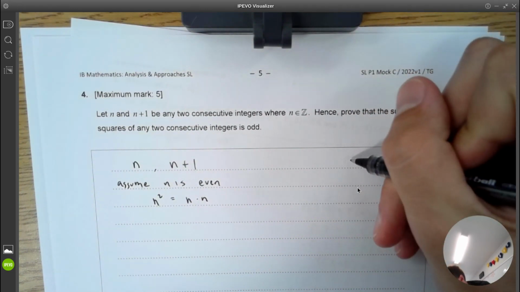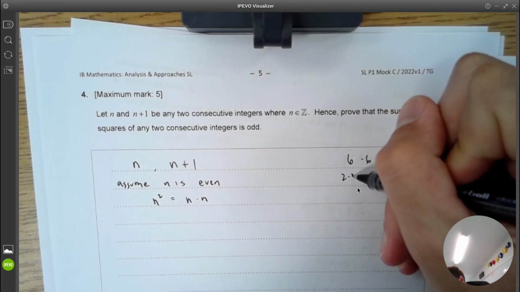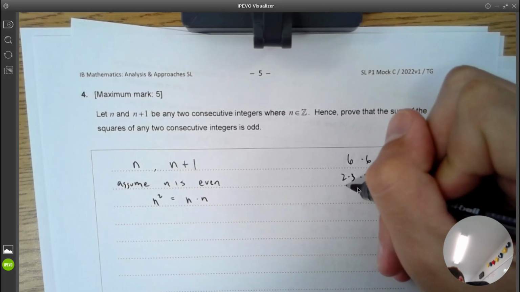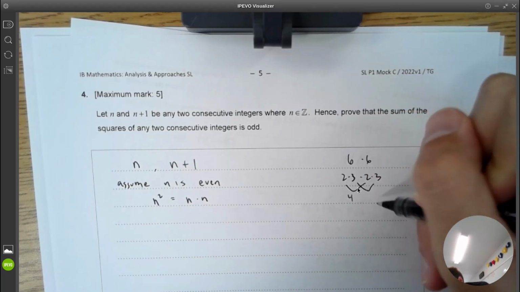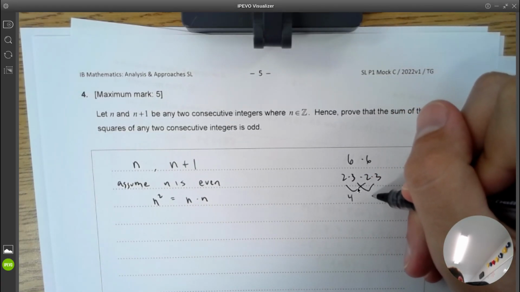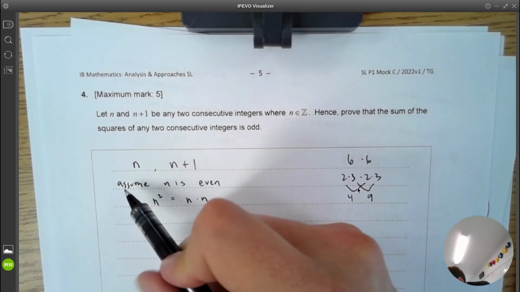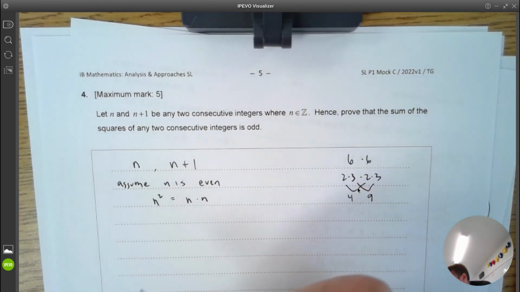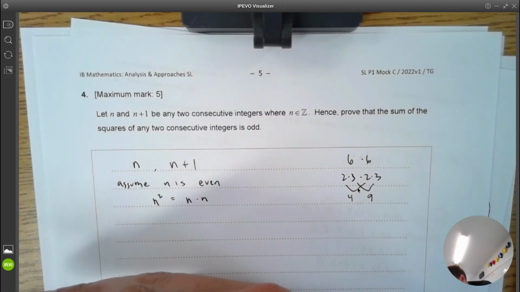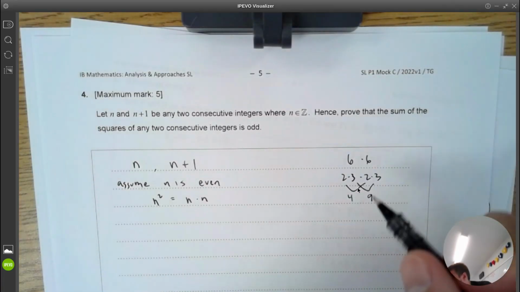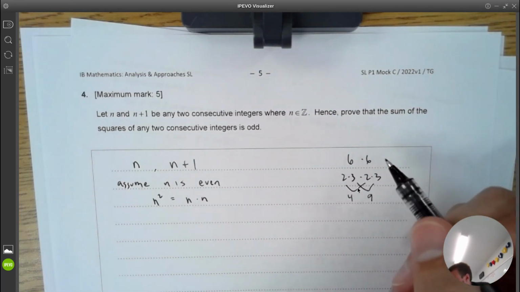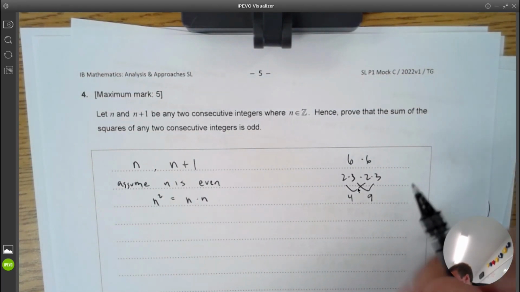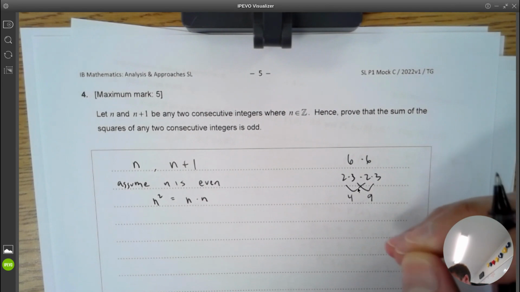So, if we have 6 times 6, that's 2 times 3 times 2 times 3, and these will always make pairs. If n is even, that means that n can be divided by 2. And if n has a factor of 2, once we multiply all of its factors together, that means it will have a 2, and it will be even for sure.